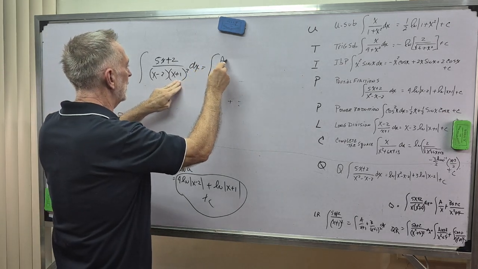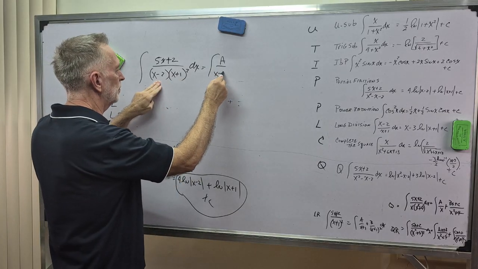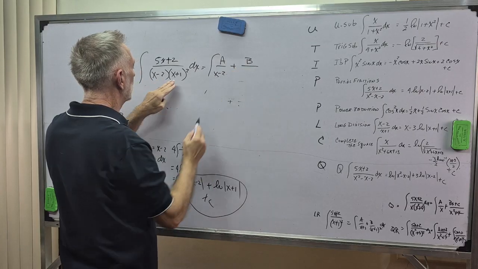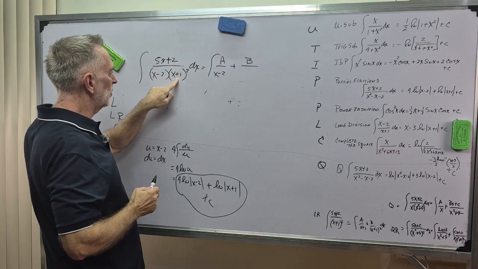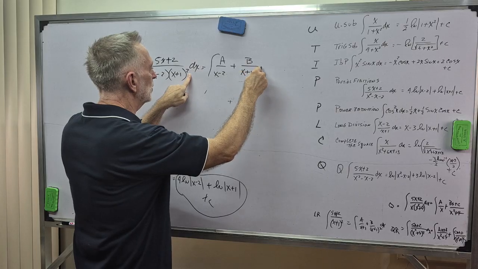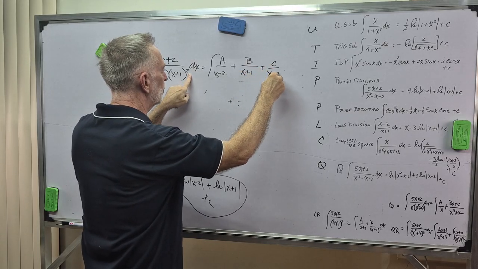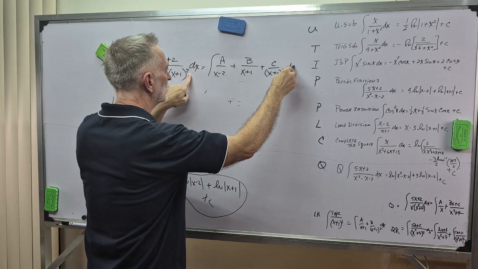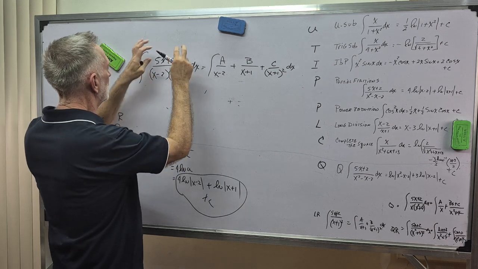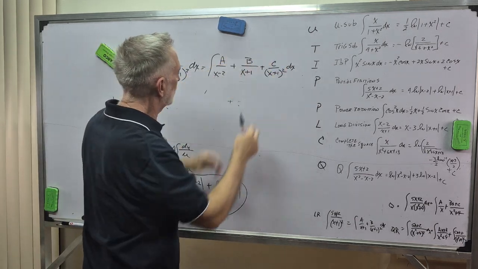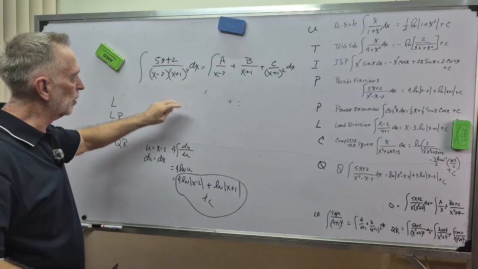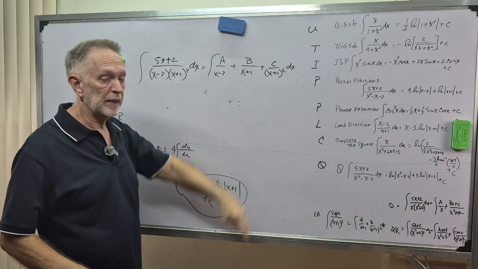So it's the integral of a over this first linear term, plus b over, now you're going to repeat that term up to the n powers. So I'm going to say x plus 1, plus c over x plus 1 squared dx. Go through the same scenario. I'm going to multiply all of this times every term there, and whatever cancels. Now I have this big long equation. I'm going to solve for a, b, and c.